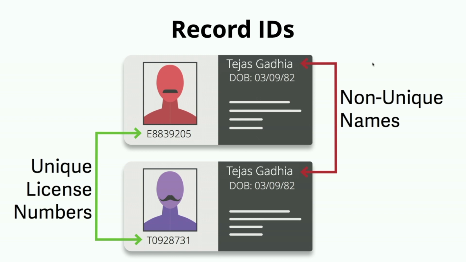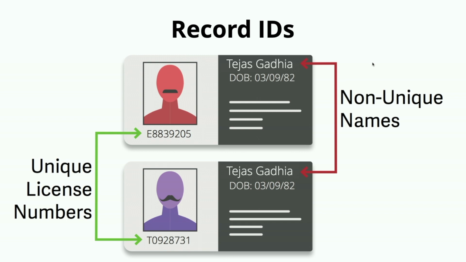Okay, identifying records. When you identify records, there's a very important thing that goes into databases, which is called a unique key. If you think of driver's licenses, there could be two guys named Tejas Gadia, and their names wouldn't be unique. Even their birthday might not be unique. There could be two Tejas Gadias born on the same day.